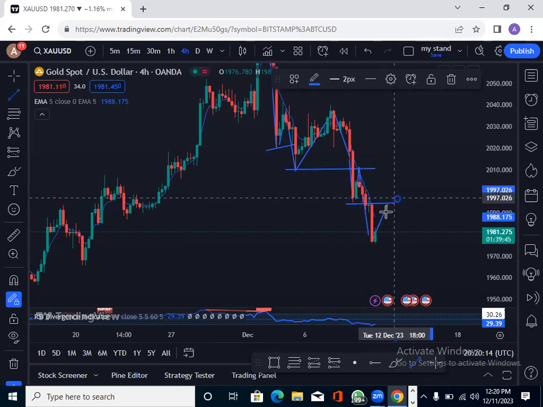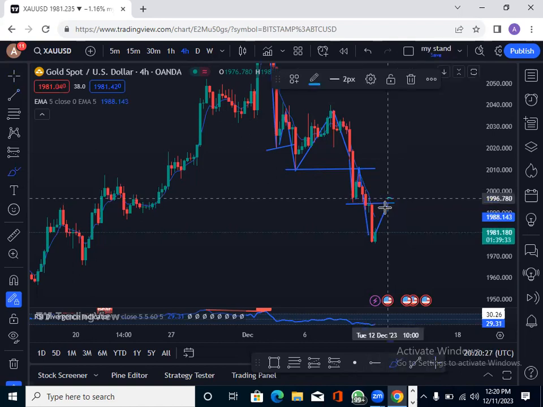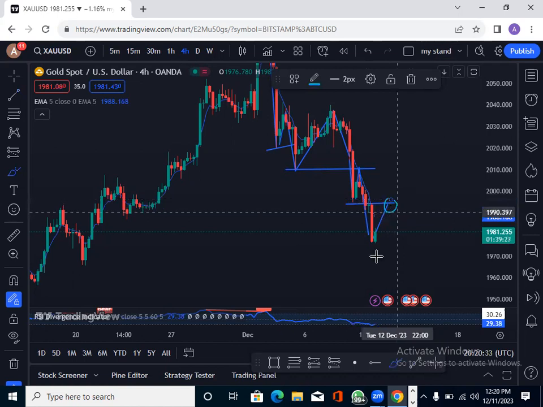So I'm going to circle this. We are saying around this zone, we're expecting the market. If the market gets to this zone, we expect the market to still pull back down.